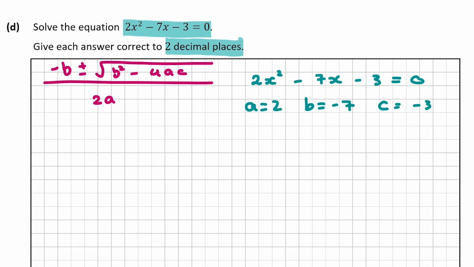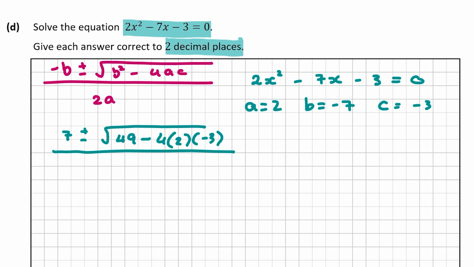So now let's fill it out. So minus 7 is plus 7, plus or minus the square root of b squared, that's minus 7 squared, which is 49, minus 4 by 2 by minus 3, all over 2 by a, which is 2 by 2, which is 4.